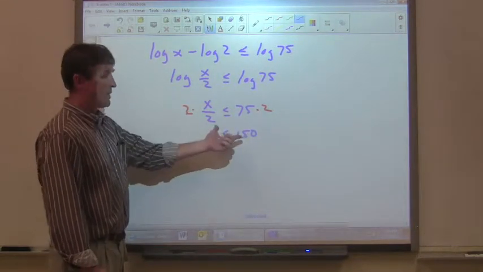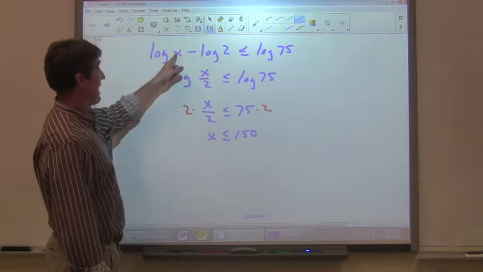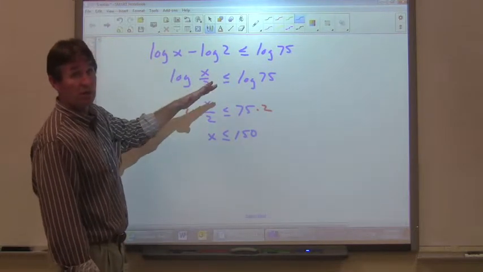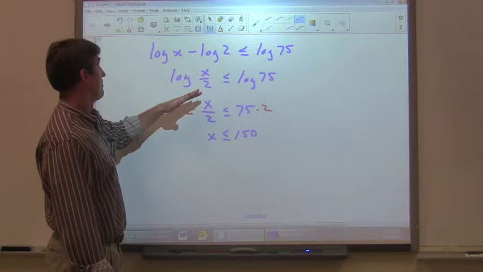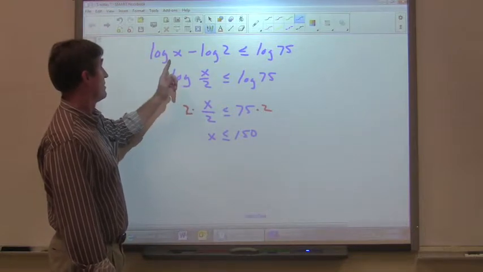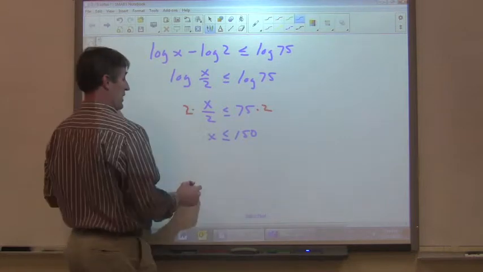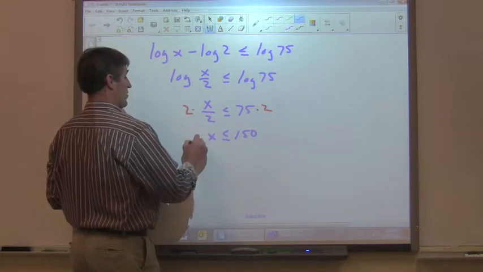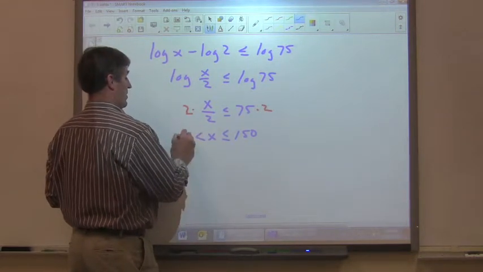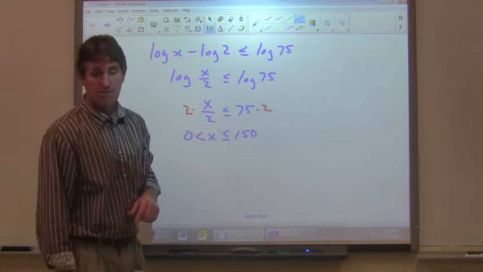Now, one other thing, because it's an inequality, remember, x has to be greater than 0. We can't do logarithms of 0. It has to be greater than that. So we know that x has to be also greater than 0.